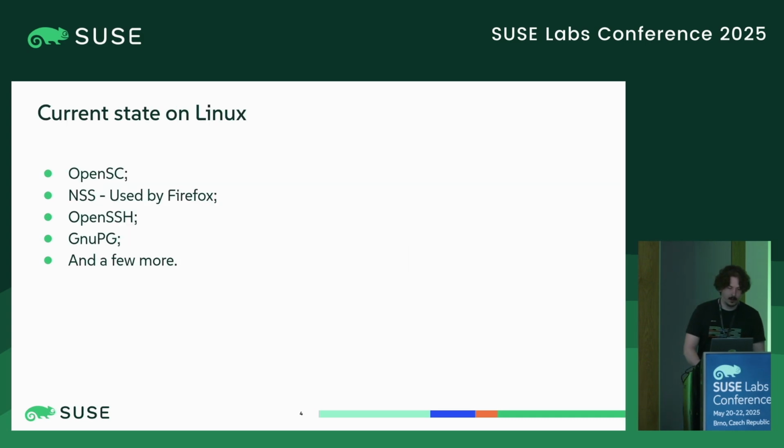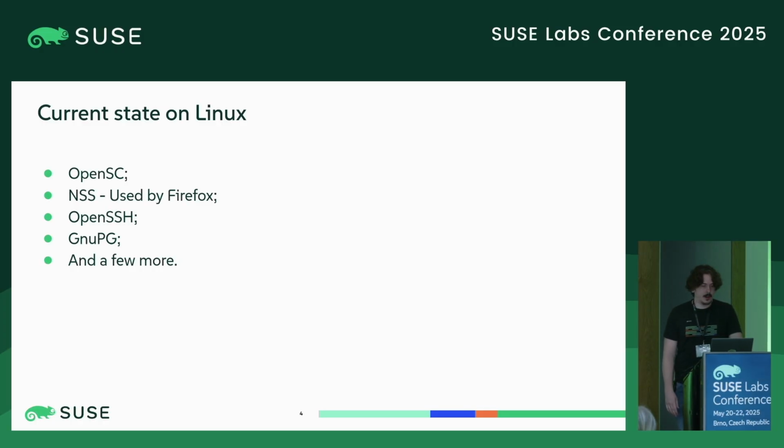So, current state on Linux, we have OpenSC, Open Smart Card, which is I think the most used application for interacting with smart cards and tokens. They did an incredible job on fixing a lot of issues you encounter with this, especially issues with the PKCS#11 interface.